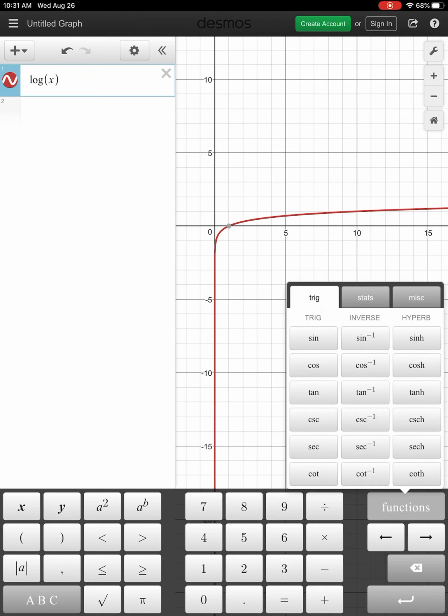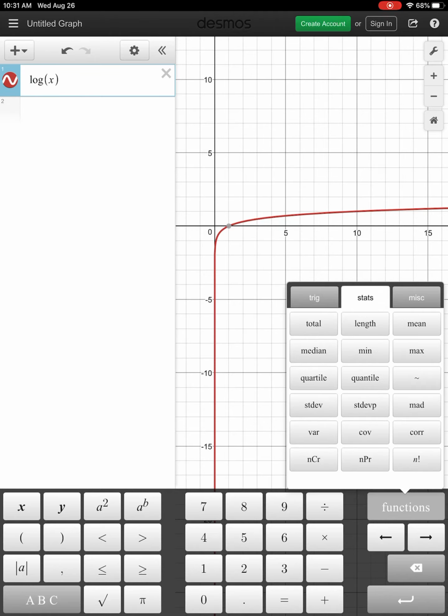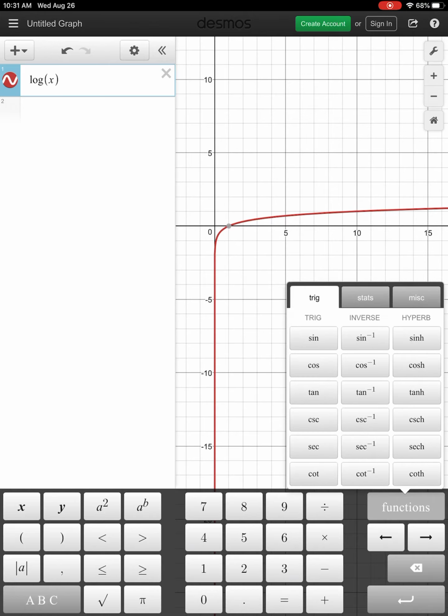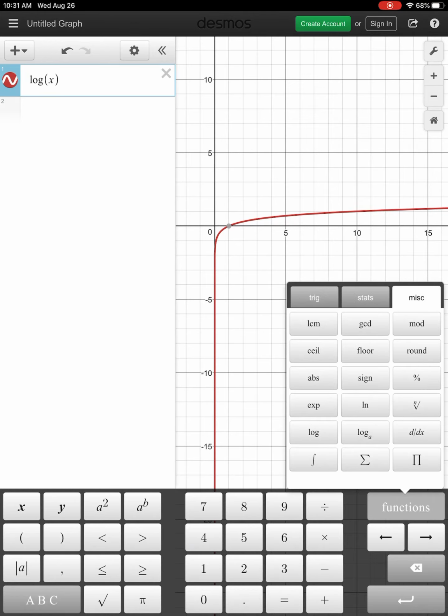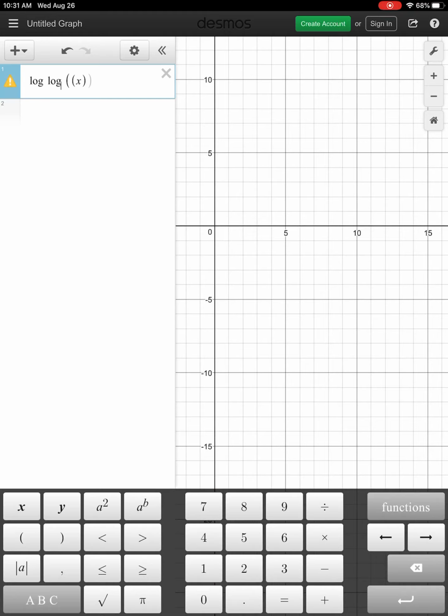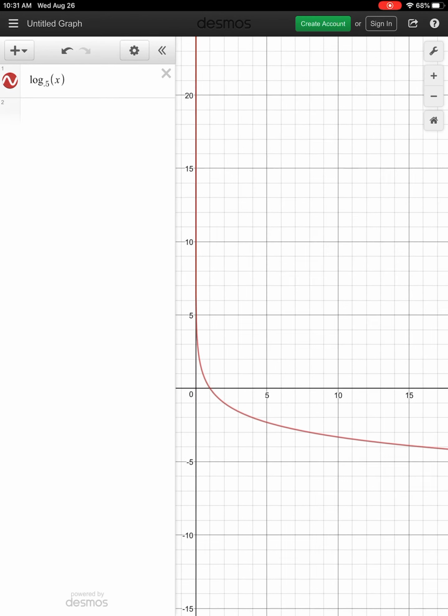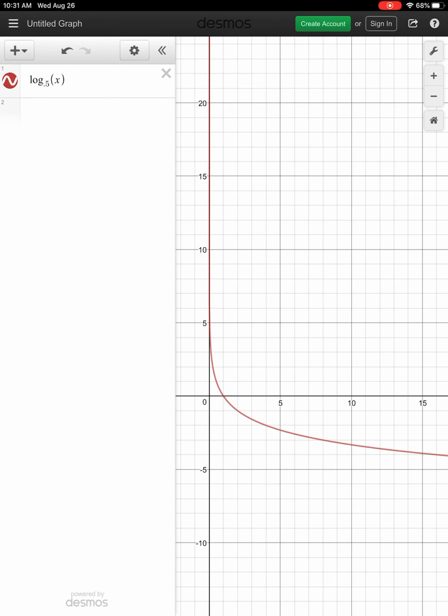Functions. Some of y'all probably know how to use this a lot better than I do. Let me get rid of this first one. And then what is my base? I can put 0.5 because that's the same as 1/2. And now this is what this graph looks like.